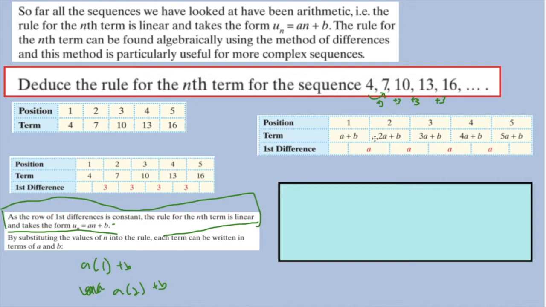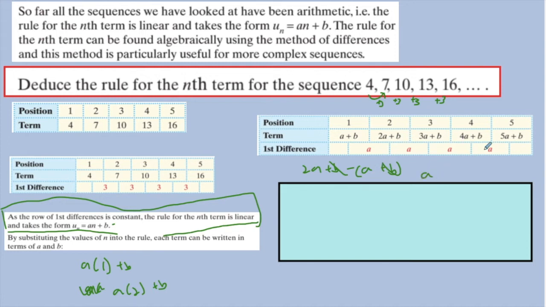And if I was going to take the difference, say my terms were 4, 7, 10, 13, and 16, my first term was a plus b, and then I got 2a plus b, and 3a plus b, 4a plus b, 5a plus b, 6a plus b, 1000a plus b eventually. Well, the difference between each of those, if I subtracted them, 2a plus b minus a plus b, I would lose these b's, and 2a minus a is just a.